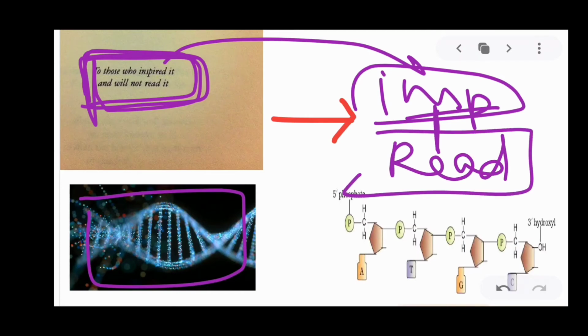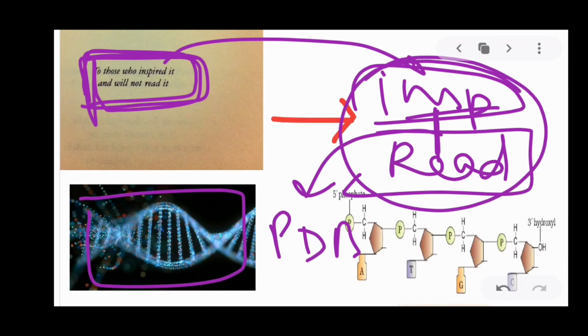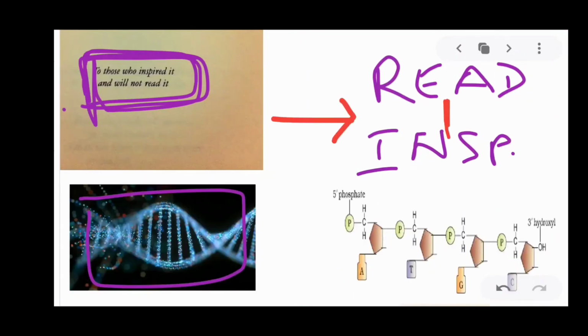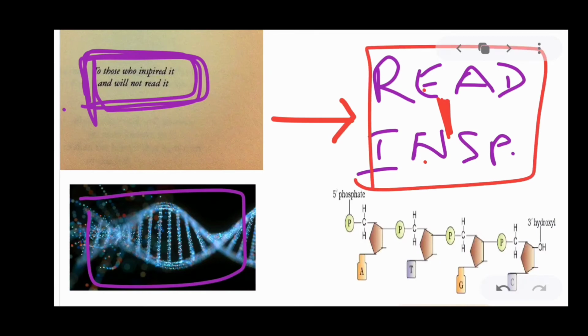When they are combined by a bond, that is the phosphodiester bond, they are called dinucleotides. Consider inspired as one nucleotide and read as another nucleotide, and when they are linked by the 3,5 phosphodiester linkage, they are called a dinucleotide. So here we can see read is a word, inspired is a word, and they are linked by 3,5 phosphodiester linkage. So this forms the dinucleotide.